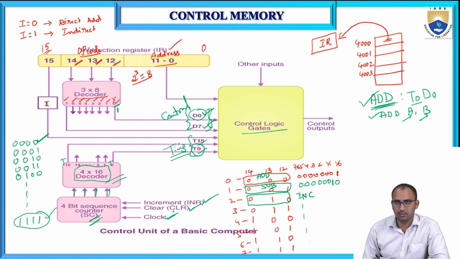Next, clock: as we already know, the sequence counter requires a clock. So this is about the hardware control unit, where the timing and control signals are generated using hardware like logic gates, encoders and decoders.